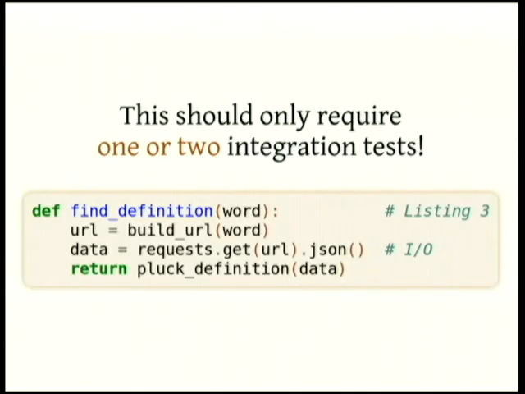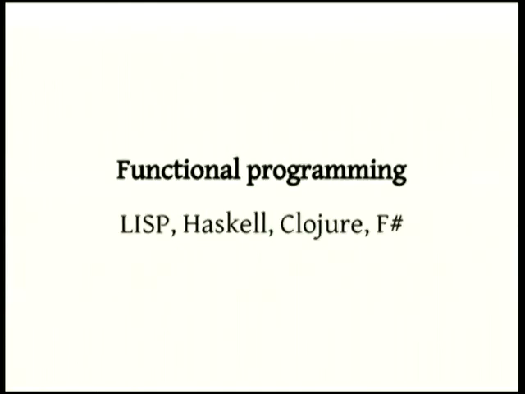It shouldn't require very many tests to confirm for you that this is doing the steps of your application in the right order. This pattern, by the way, is already familiar to a lot of people who do functional programming. Languages like Lisp, Haskell, Clojure, and F# make it quite natural to write most of your code as pure functions, and then you get awkward and put the procedural stuff up at the top.